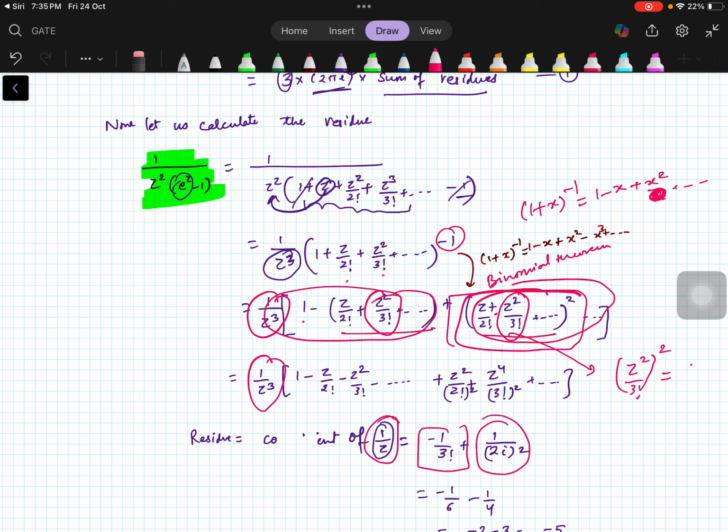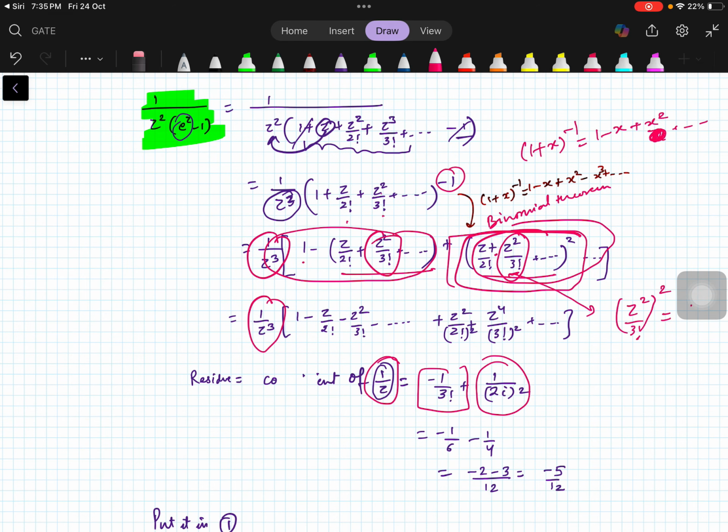So this will be 3 factorial, not 2 factorial, so 3 factorial squared. I am sorry, there was a mistake here. What is 3 factorial? 3 factorial is 6, so the square would be 36, so this will be 1 by 36.